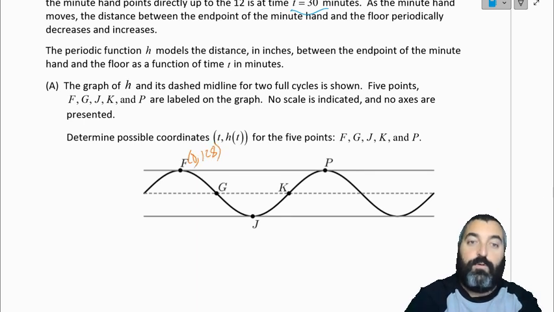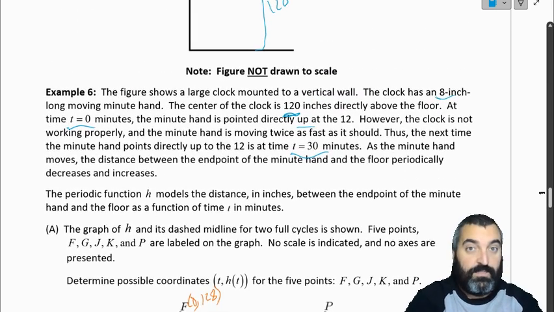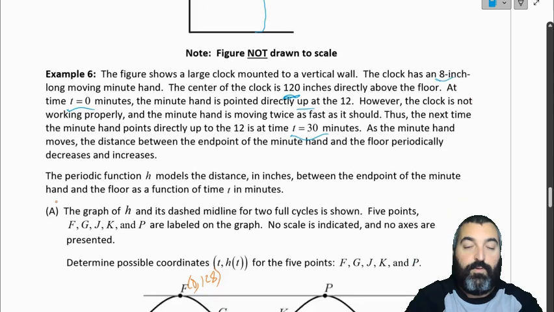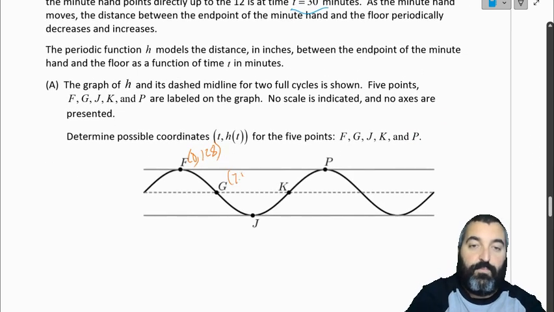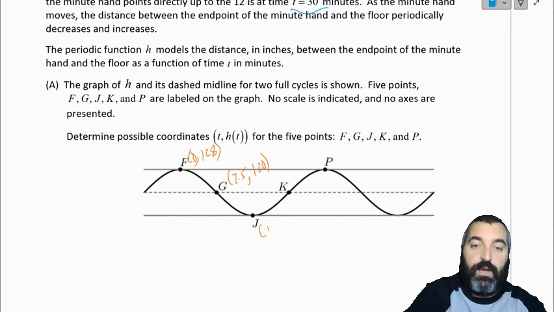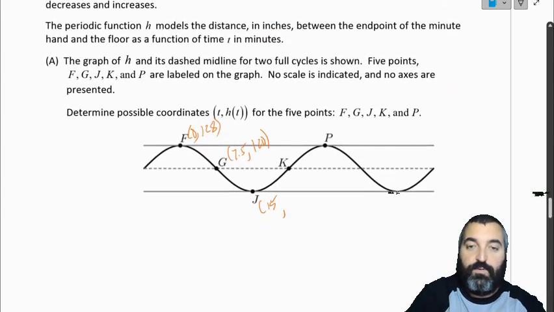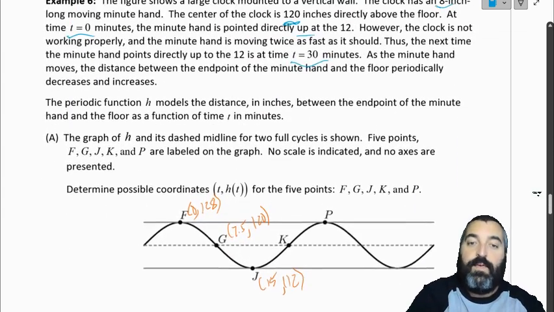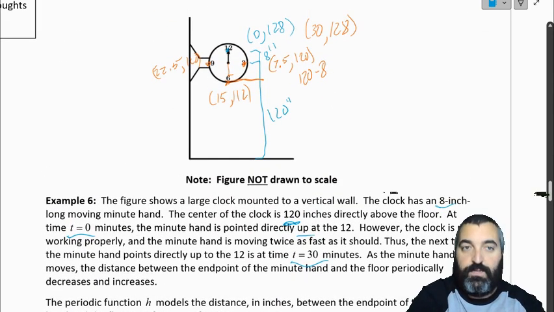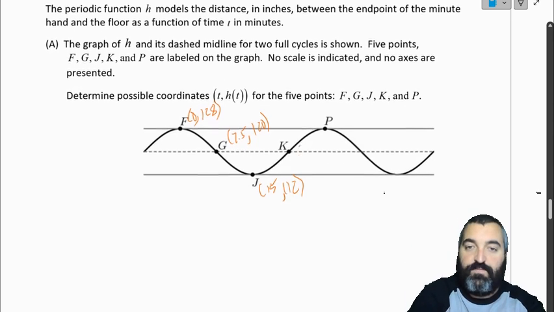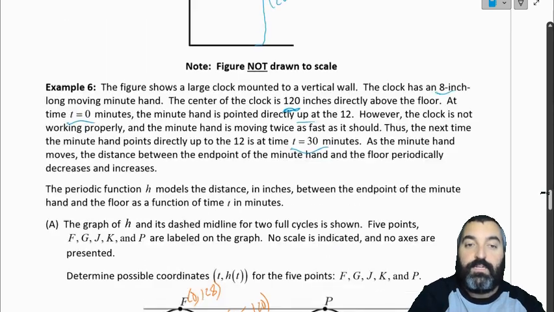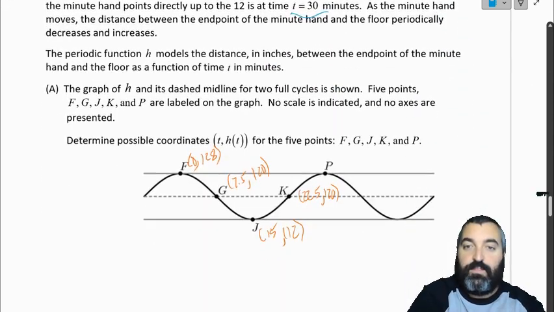So 0, 128, which means the next point, when it's in the middle, hence the midline, is 7.5, 120. And when I get to J, I'm at 15 because this is the minimum value, which was 112. And then K, back up to the middle, is at 22.5, 120. And then I get back to the maximum, which was at 30 minutes.